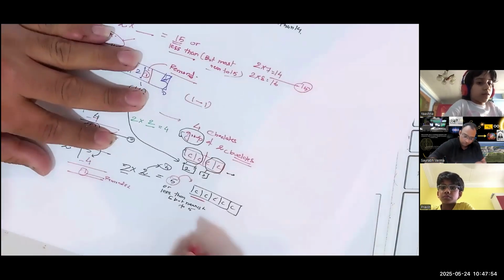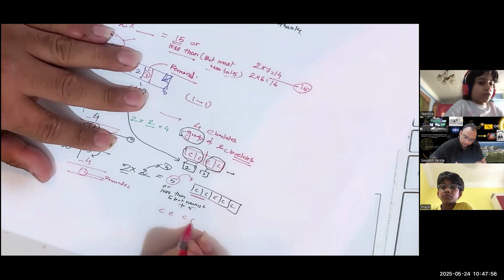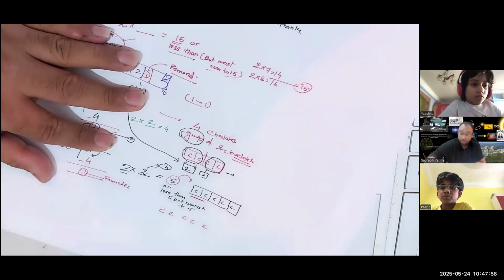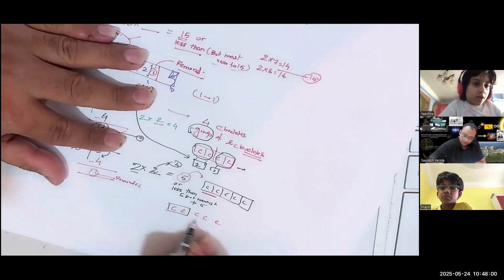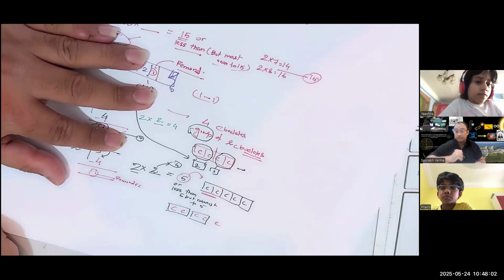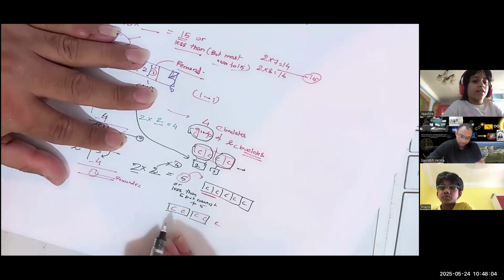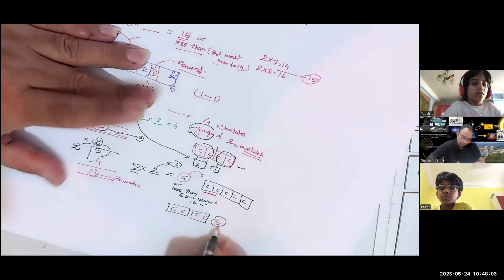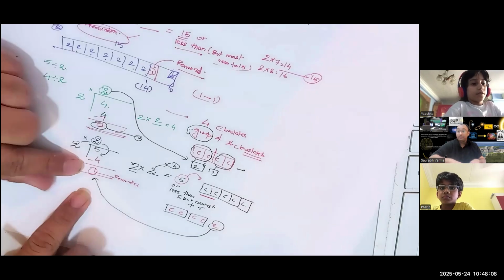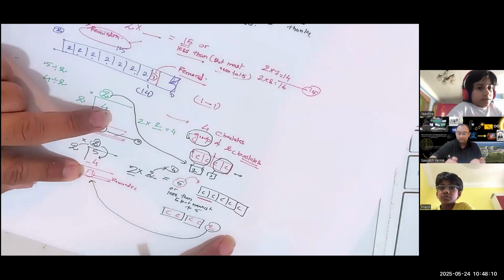You can make 2 groups of 2. But there is still one there. Still one there, so that is the one remainder, because you can't make a group from that. Understood now?